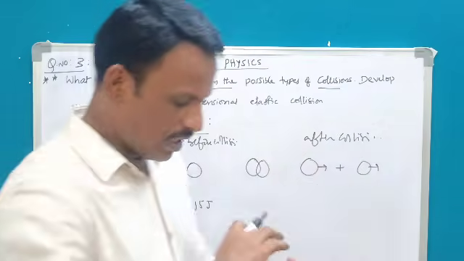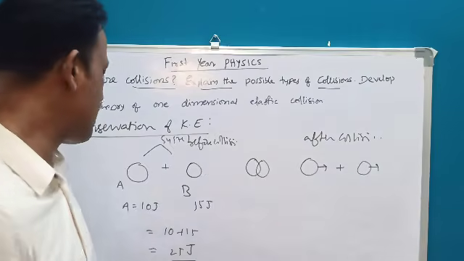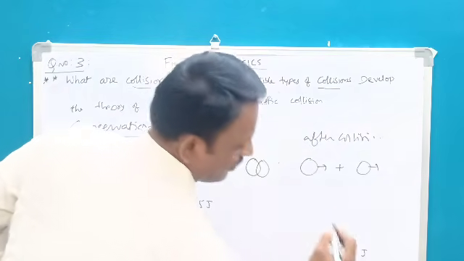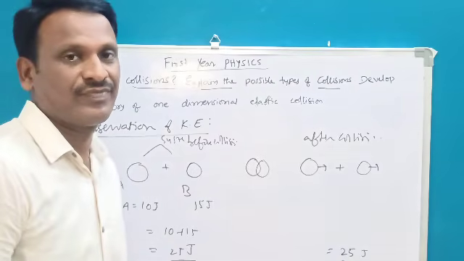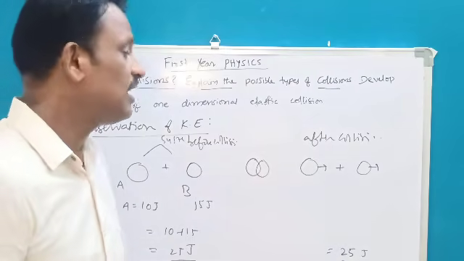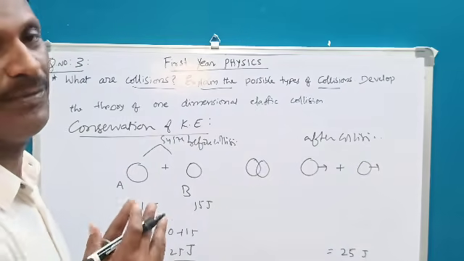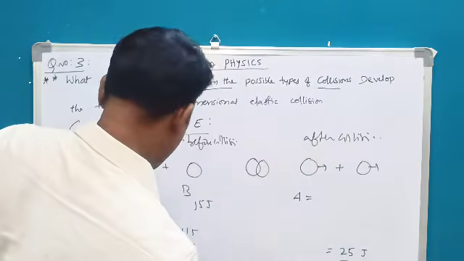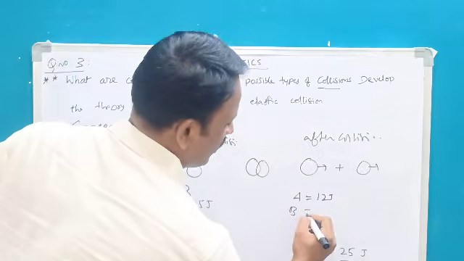Now these two are participating in the collision. After collision, what is happening? The system's total kinetic energy, 25 joules, is not going to change. But what is going to change? The kinetic energy will be redistributed or exchanged between the objects. So now the first body may have 12 joules of energy and the second body may have 13 joules.